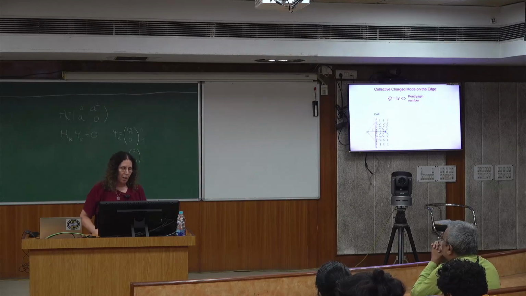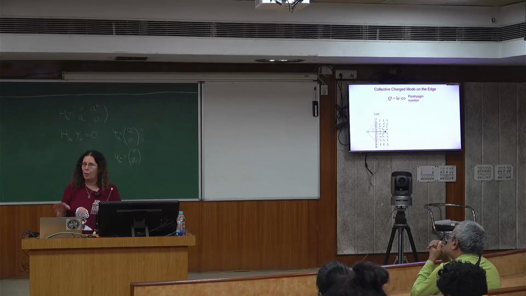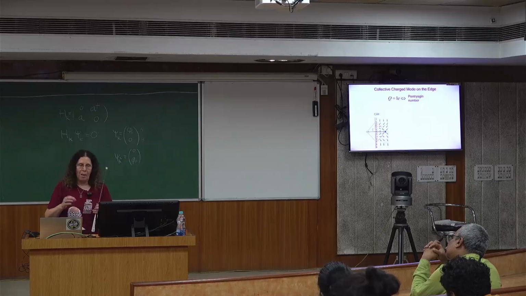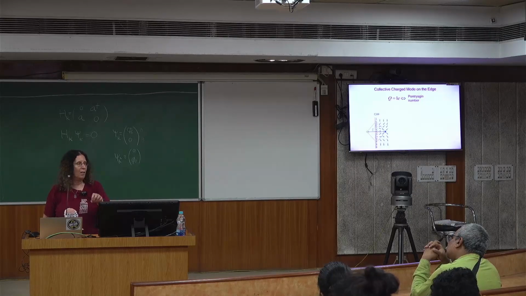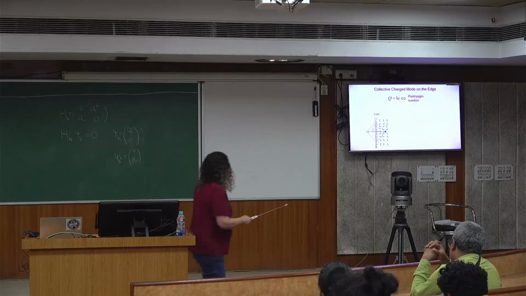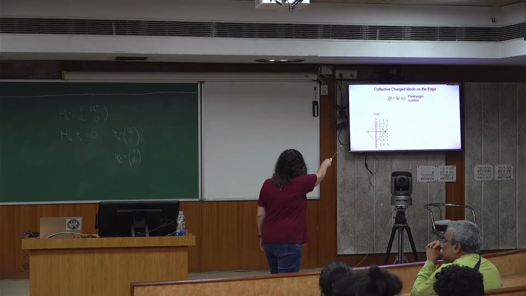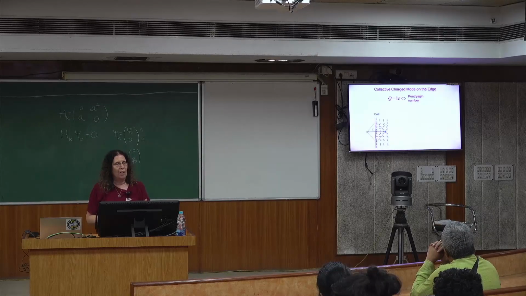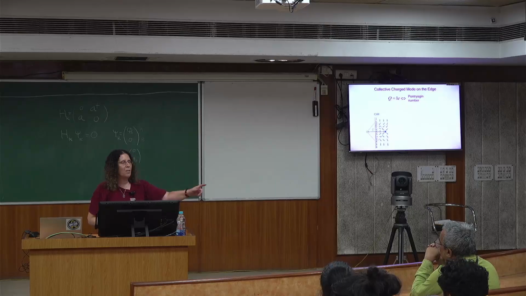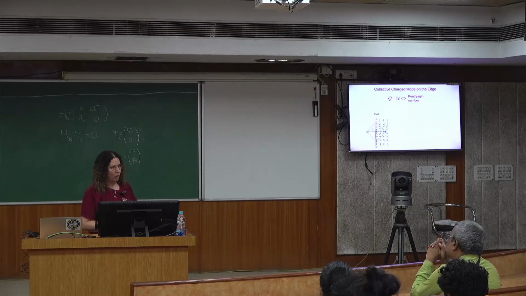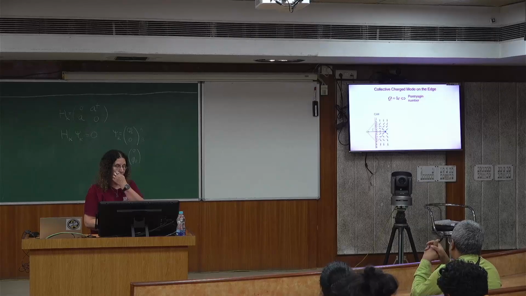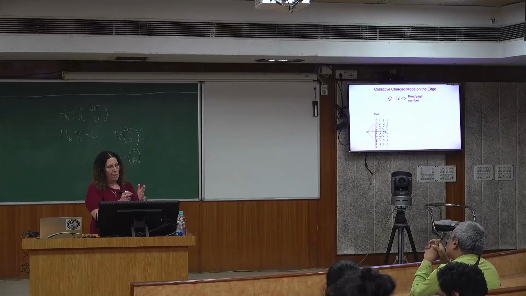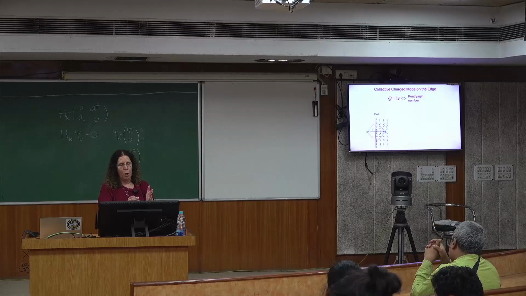If you want to make an edge mode that propagates on the edge, it must bind a vortex in the bulk. And the distance between the edge and the core of this vortex depends on how deep you are inside the... Yes, it's a meron, exactly. It's actually a meron. So there is a meron coupled to the domain wall, and the distance between them depends on the parameters.